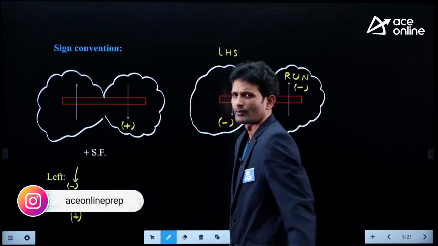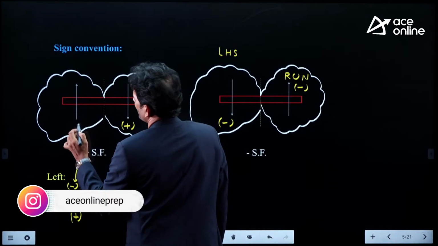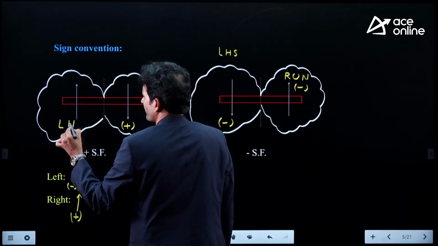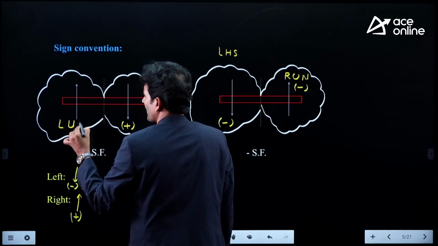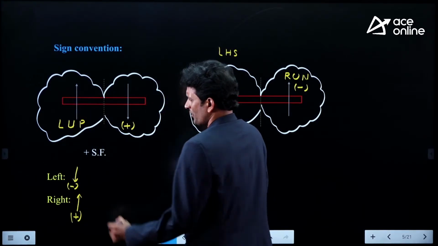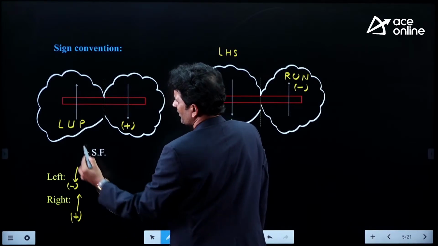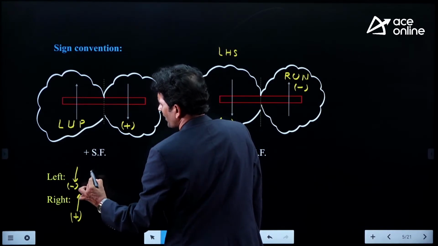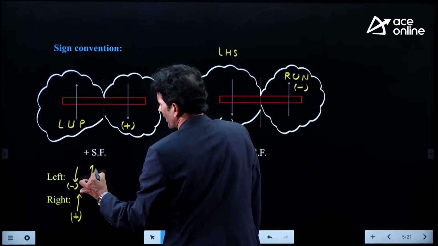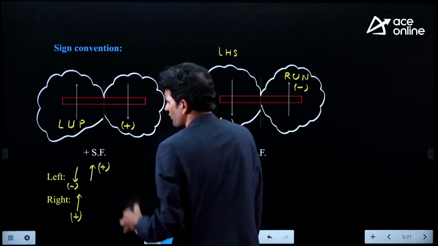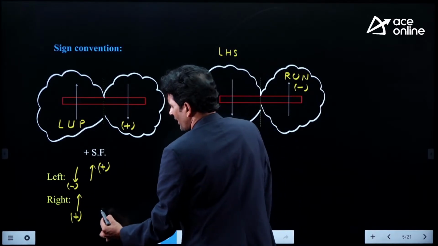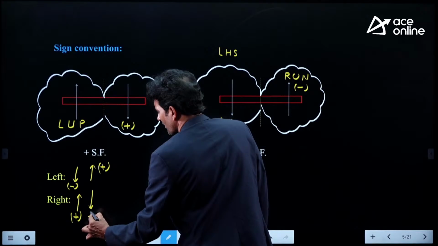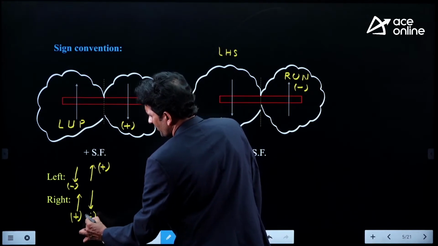On the left-hand side, if you are identifying an upward force, I take it as positive. So in the case of the left-hand side, if your force is acting in an upward direction, it is considered positive shear. On the right-hand side, if your force is acting in a downward direction, we consider it a positive shear.